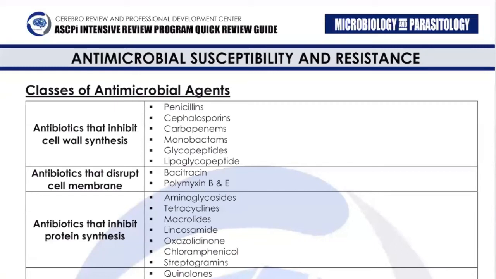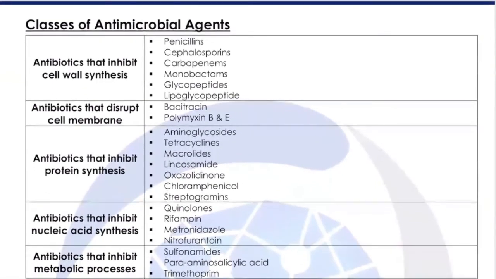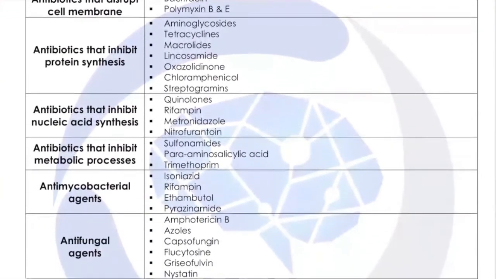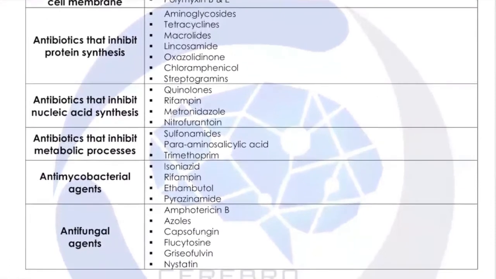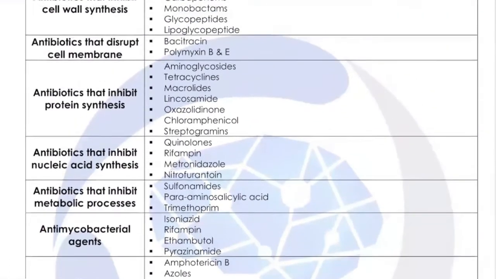So first, of course, yung mga classes of antimicrobial agents natin, we have to be familiar with them, kung sino yung nag-i-inhibit ng cell wall synthesis, sino yung nagdi-disrupt ng cell membrane, sino yung nag-i-inhibit ng protein synthesis, the one that inhibits nucleic acid synthesis, the one that inhibits metabolic processes, antimycobacterial agents, and antifungal agents.